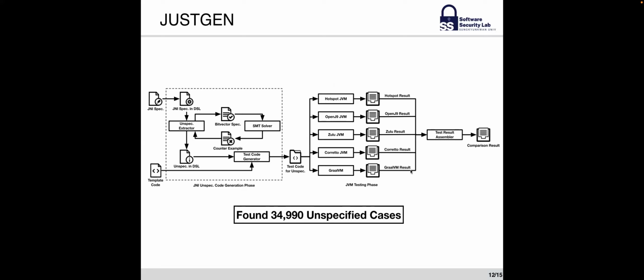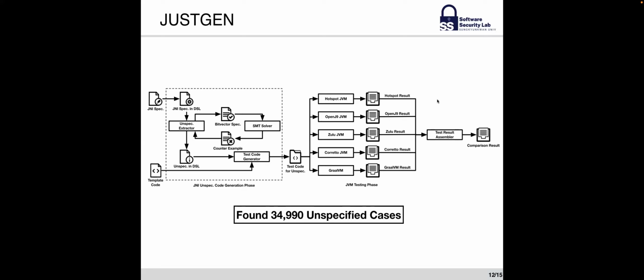Because different JVMs produce different outputs, the assembler module assembles all the outputs from different JVMs, normalizes the output data, and compares the output results. If there are different results between these JVMs, that may be a bug.